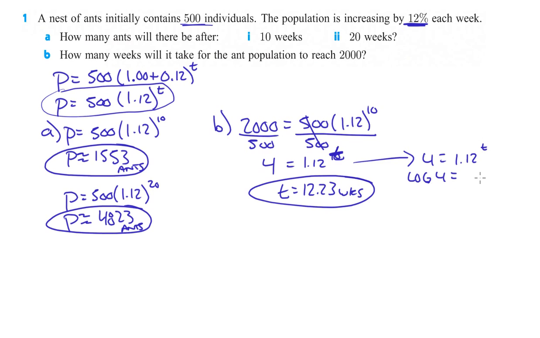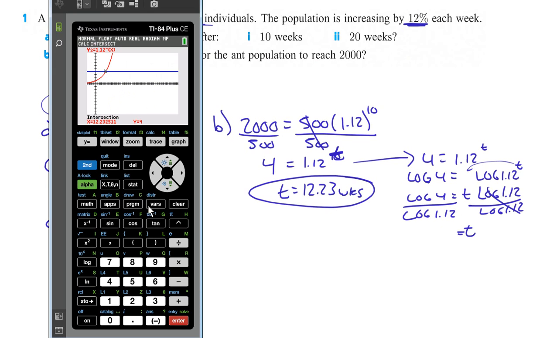Log 4 equals log 1.12 to the t, and now this t can come out front, so it's really log 4 equals t times log 1.12. Divide both sides by log 1.12, and that will tell us what t is, and hopefully it's 12.23, but let's double check.